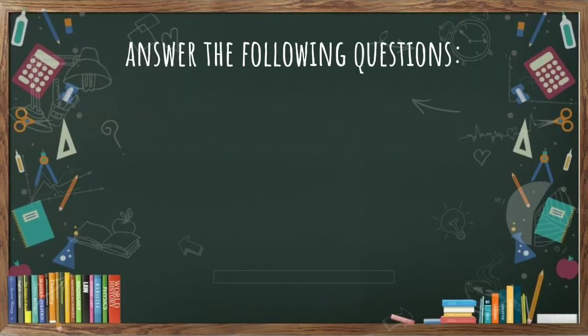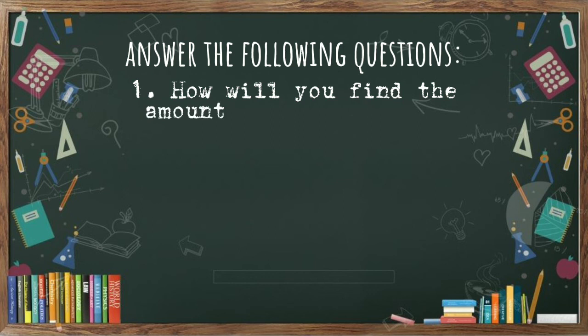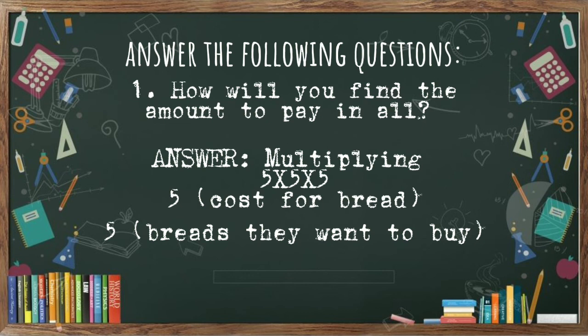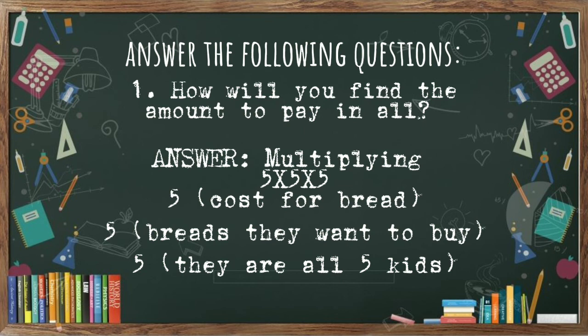Now, let's try to answer the following questions. Question number 1. How will you find the amount to pay in all? Well, our answer to this question is multiplying 5 times 5 times 5. 5 is the cost for bread, 5 for the breads they want to buy, and 5 because they are all 5 kids.